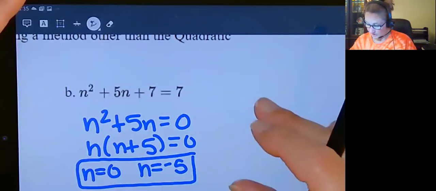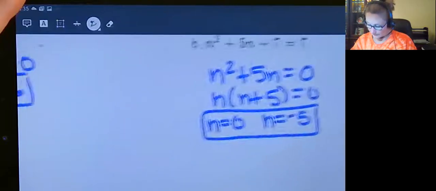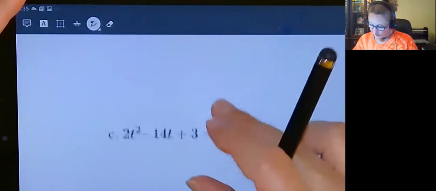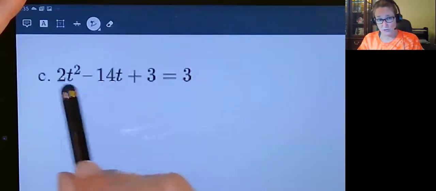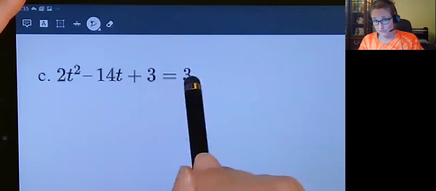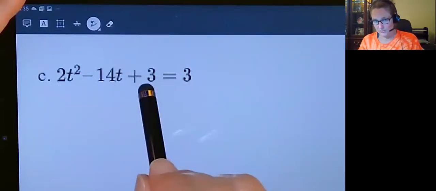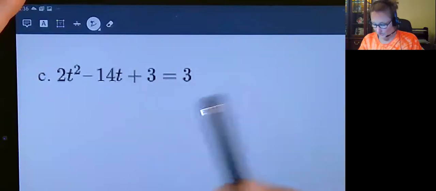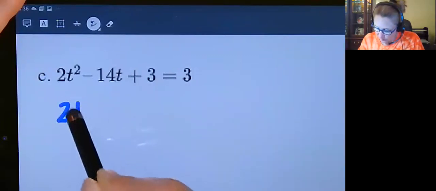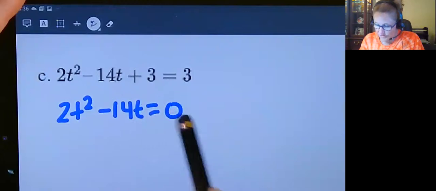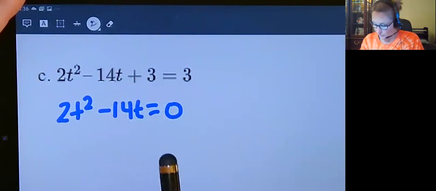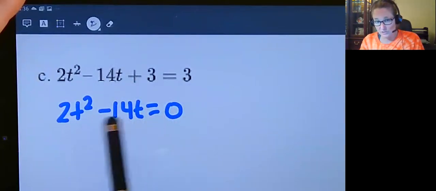Now on letter C, you do have a number in front, but you'll notice here we have a 3 and a 3. So when I subtract 3 here and subtract 3 here, they're going to cancel out. So I'm going to get 2t squared minus 14t equals 0. This is going to be the same format as the last two. In the last two, I just factored out a t.